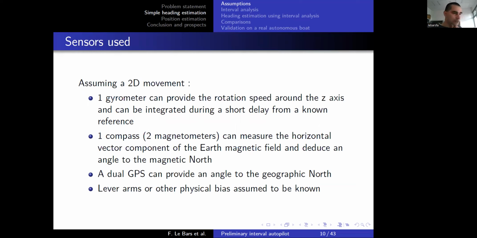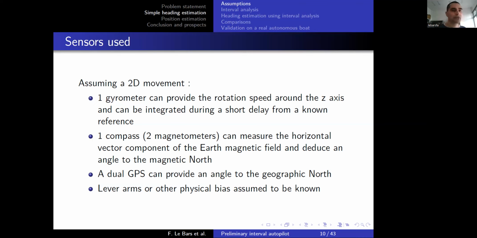We can also have a compass, an electronic compass, which would be able to give an absolute value for the heading related to the magnetic north. But we can, to simplify, imagine that it can be easily correlated with geographic north.